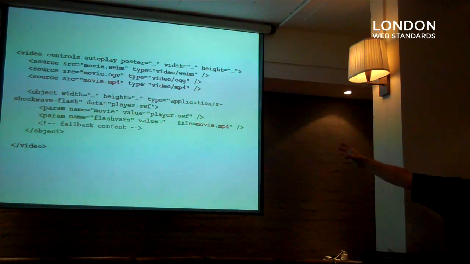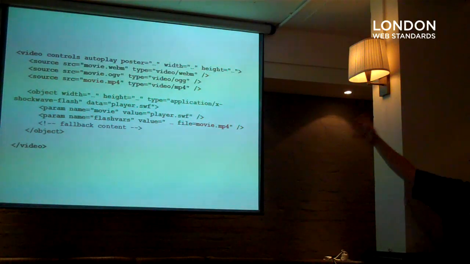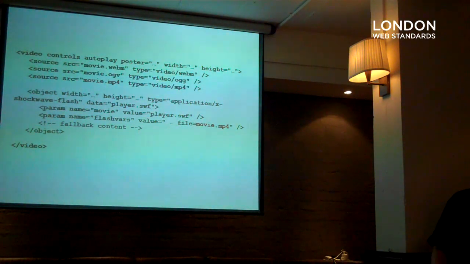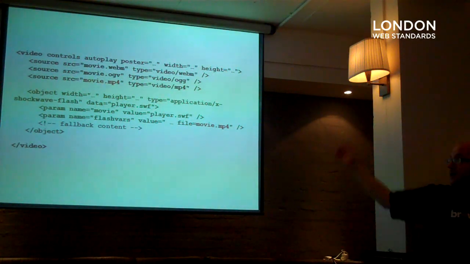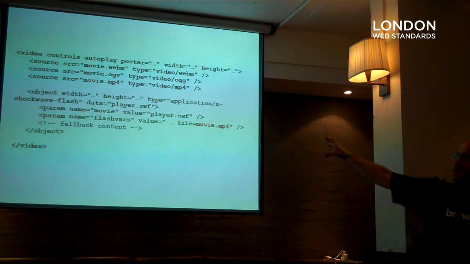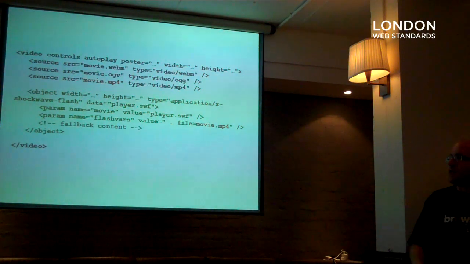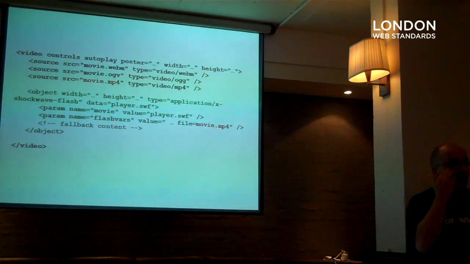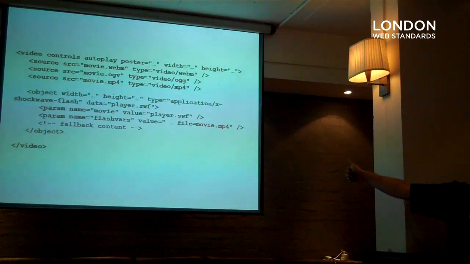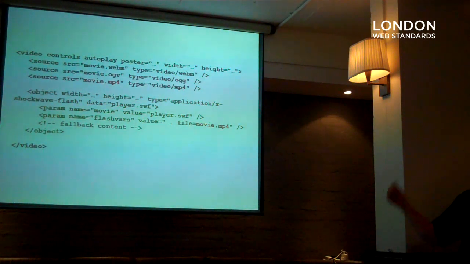We saw the really horrible object embed stuff right at the beginning, and we've seen the lovely video way of doing it in HTML5. Well, he Frankensteined the two together and said, okay, let's have a video element with the various fallbacks, but then inside, as the actual fallback content for browsers that don't do the video element, we can stick in a Flash player as well.